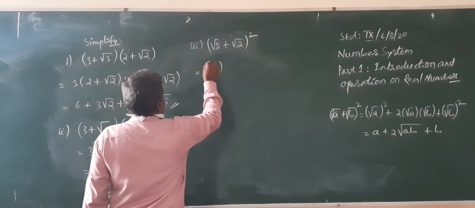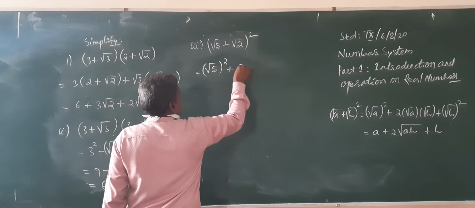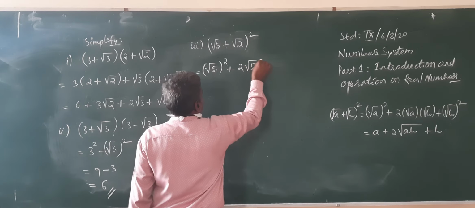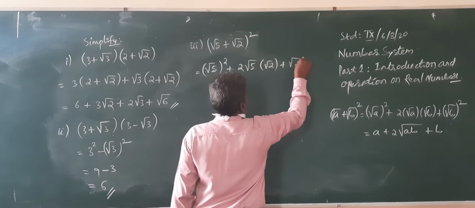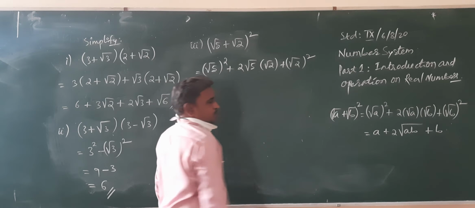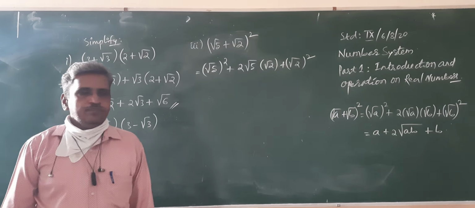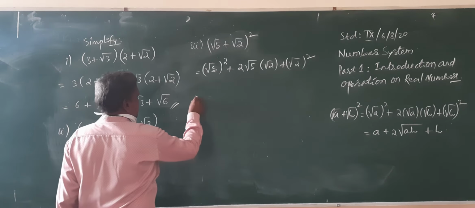So here, root 5 bracket square plus 2 root of 5 into root 2 plus root 2 bracket square, according to the law. A very simple example given in the textbook.